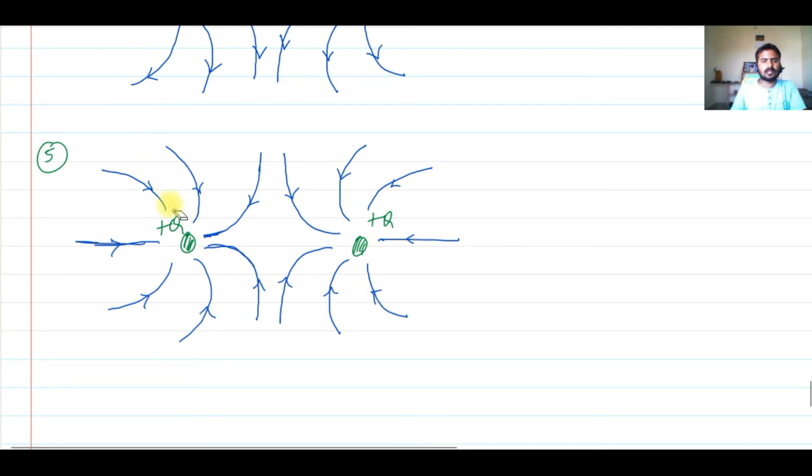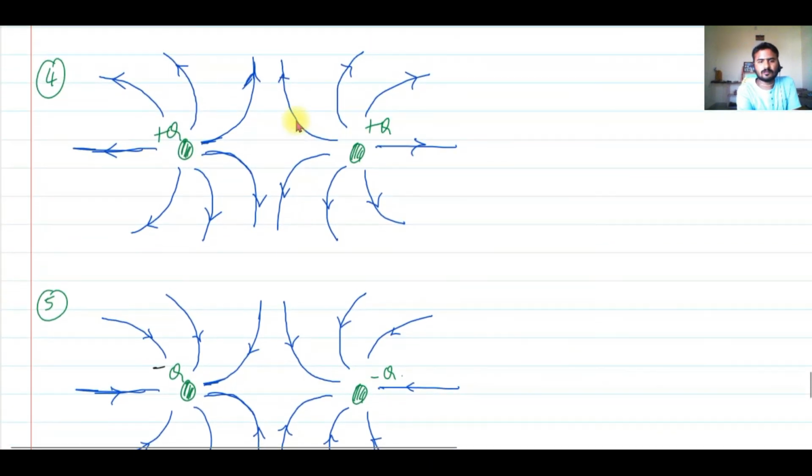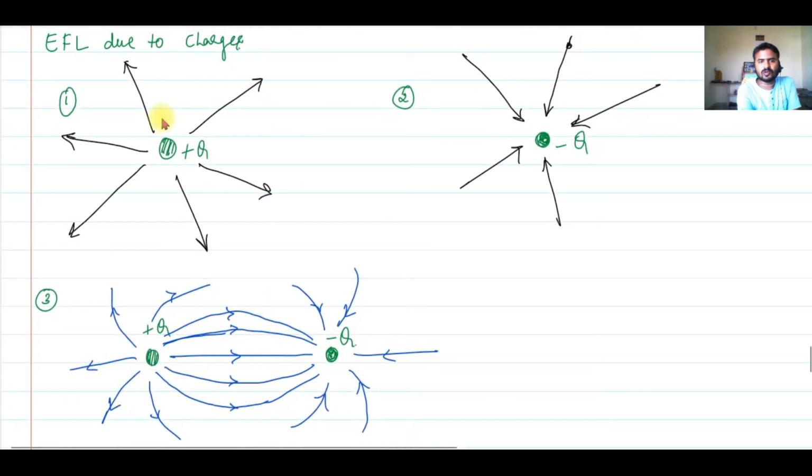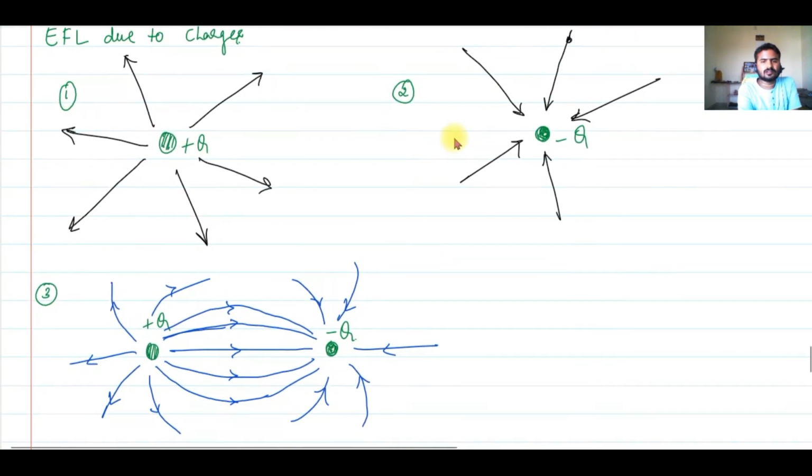All right, and both are negative charges, minus q and minus q. Now this is how the electrical field lines will look for a system of two charges and also for a single charge. So this is a very important question.